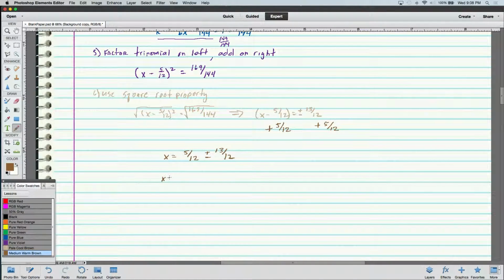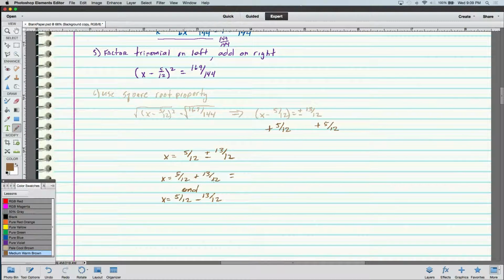So x will equal either 5 over 12 plus 13 over 12, or 5 over 12 minus 13 over 12.